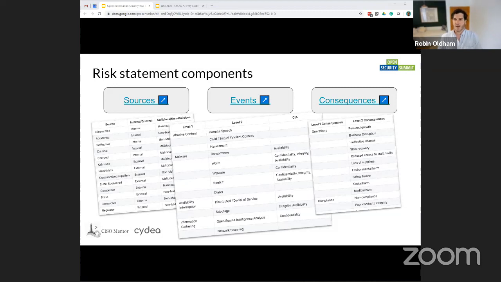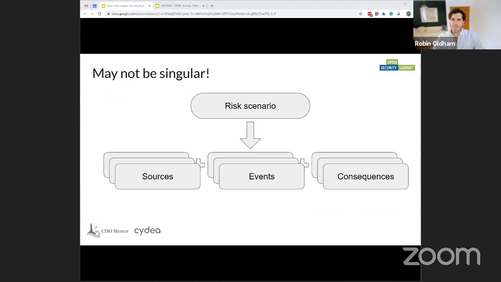What I'm not going to do right now, because it would make for a really boring talk, is go through all of these individually. But later on, we're going to give you the link, and when you get the slides, these are linked off from the top here so you can go and explore all of those different aspects.